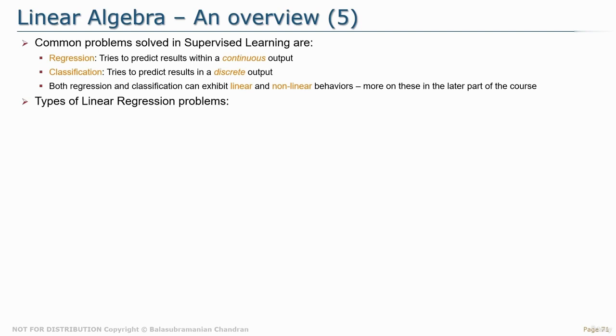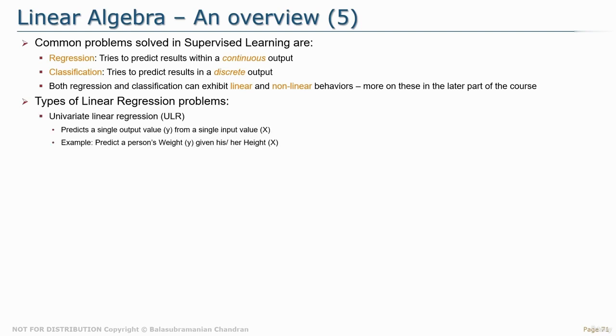Types of linear regression problems. Univariate linear regression, that is ULR, predicts a single output value y from a single input value. Example, predict a person's weight given his or her height. Let's say we are given a data set that contains data for the heights and weights of individuals.